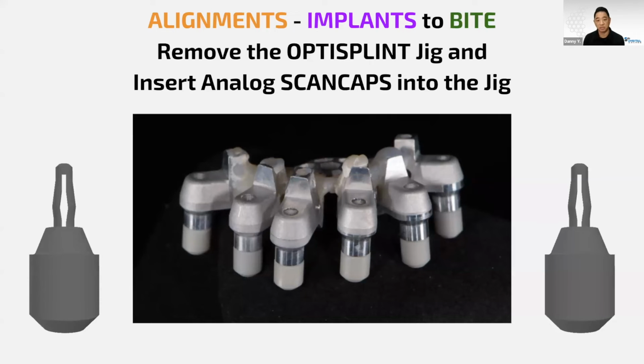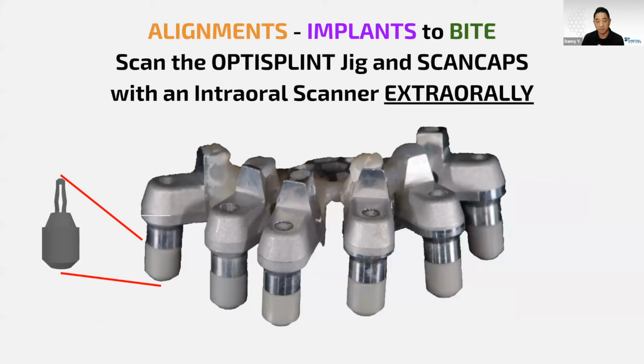The intraoral scan record done outside the mouth will still be a record that the designer can use to at least design a temporary. So having this scan is just a precautionary measure.